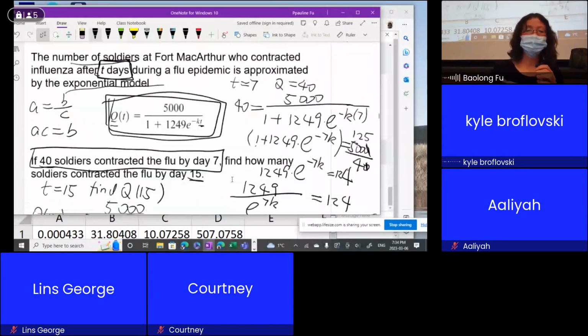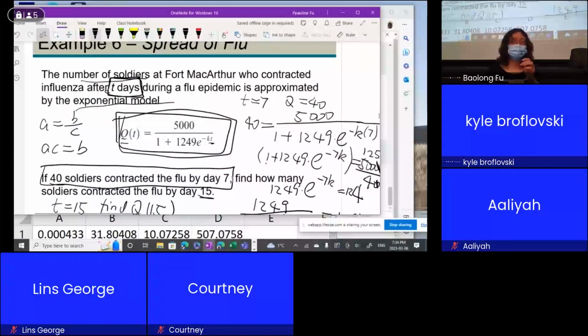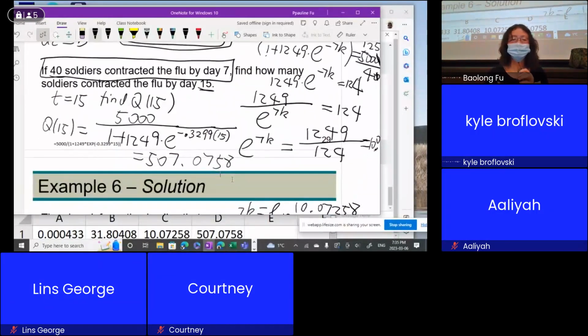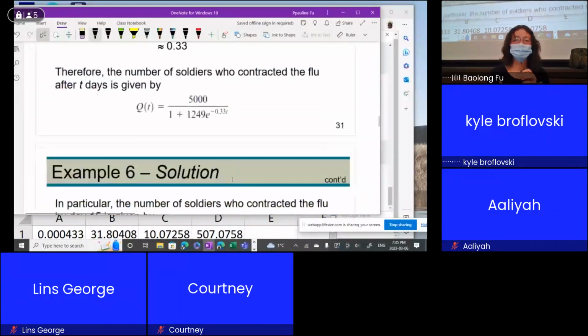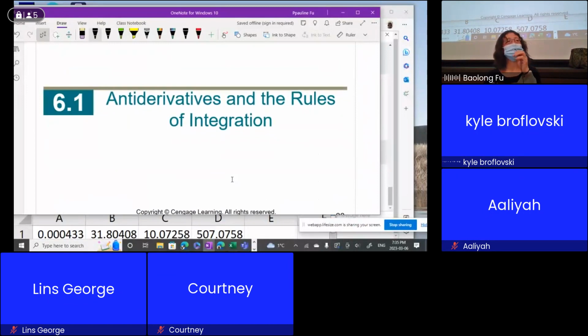Any questions? We solved example 6 using the logistic function. Okay, so we solved all of this. We finished chapter 5.